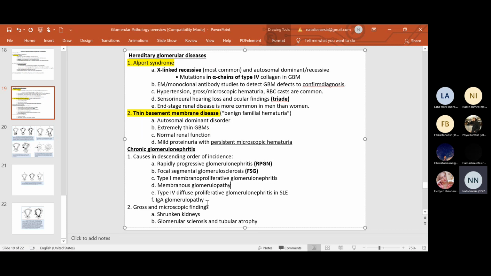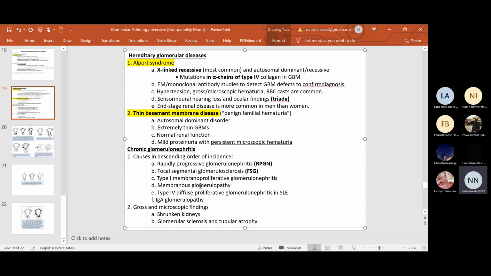Immunoglobulin A glomerulopathy is in children. Do you remember? If it recurs many times, it resolves itself. But if you have multiple mucosal infections, for example episodic disease, then it will progress to a chronic one.